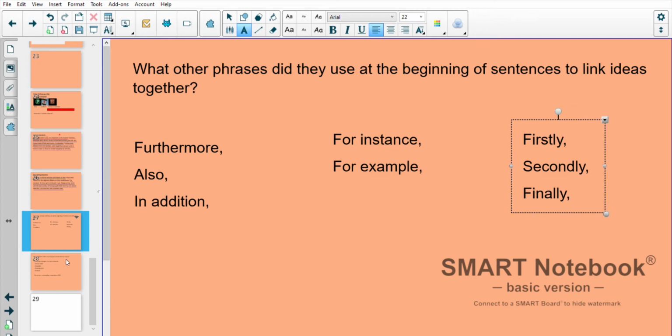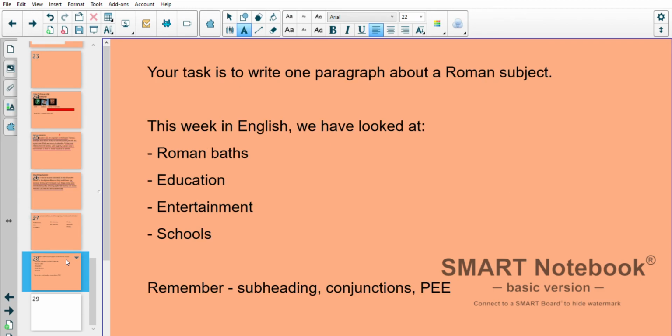So today's task is to write one paragraph about a Roman subject. So we've looked at Roman baths, we've looked at education, we've looked at entertainment and schools. You might already know more information and you might want to write something else like the revolt against the Britons or about Julius Caesar. It's up to you.